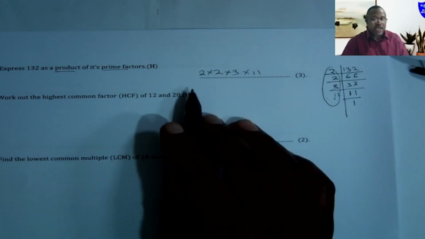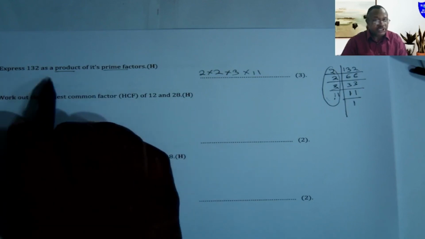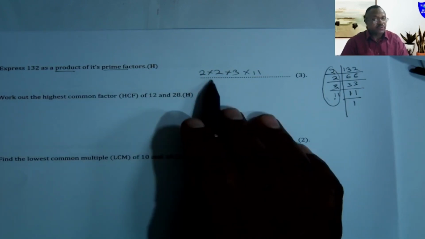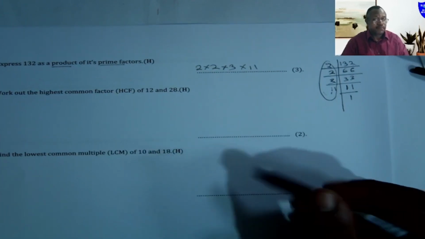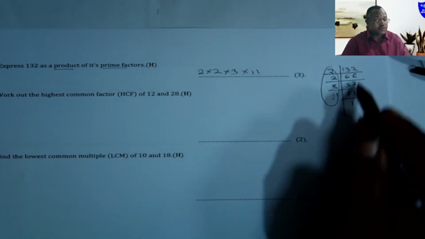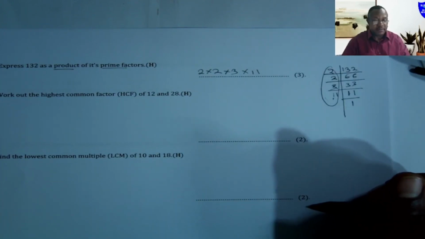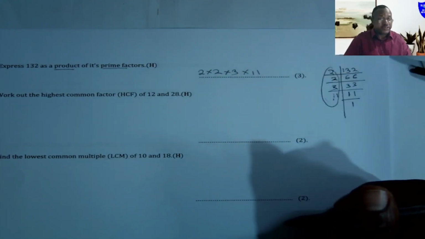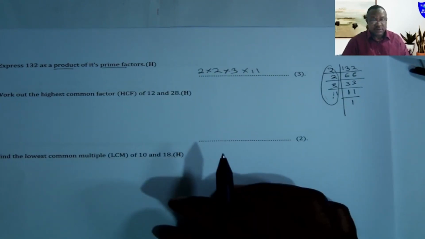We've now expressed 132 as a product of its prime factors. 3 marks for that question. Why? Because of the working that is involved there for you to identify the prime factors and then express them as a product. Right, that is done.